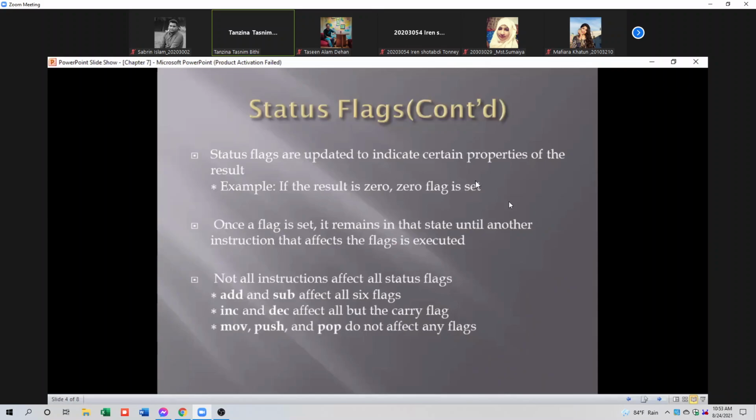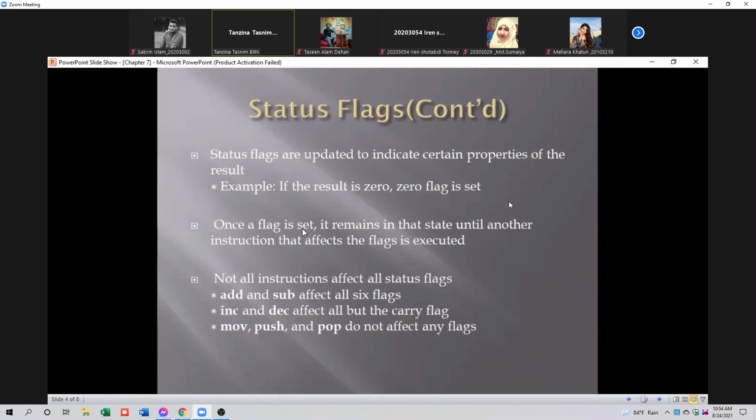So there are two types of values for any status flag register: 1 and 0. When the value of any flag register is 1, the flag is set. If the value is 0, the flag is cleared.